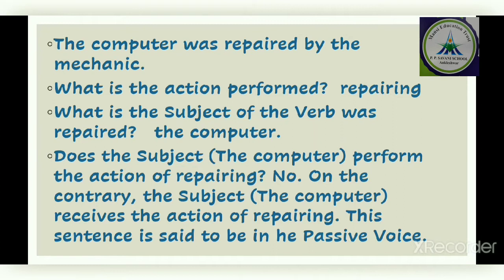So, does the subject, the computer, perform the action of repairing? No, here not. The subject, the computer, receives the action of repairing. Here it is not repairing, it is receiving the action. This sentence is said to be in the passive voice.